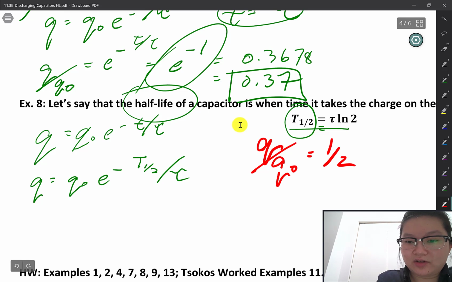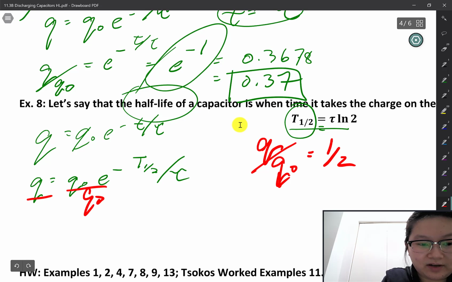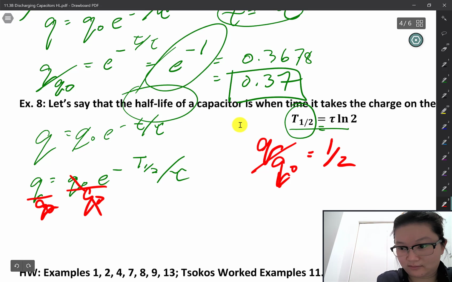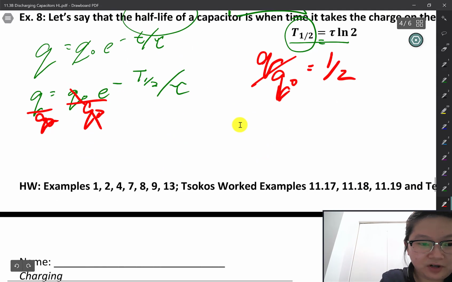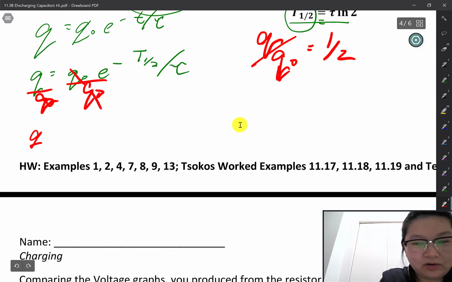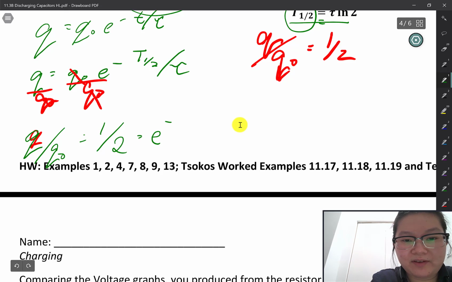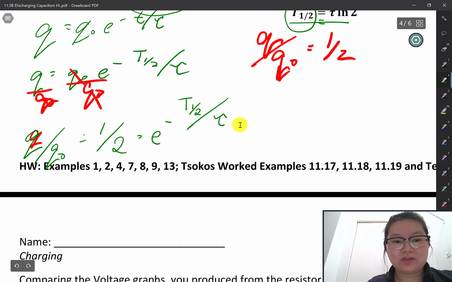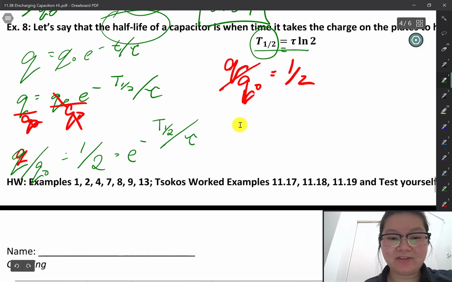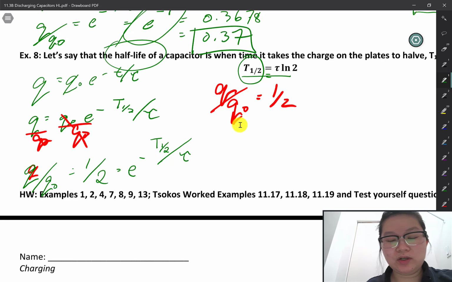So we're left with Q over Q naught, which is 1/2, equal to e to the power of negative t half-life over tau. Now if we want to solve for the half-life, we don't need to care about the tau. The tau is just a constant, just a number.